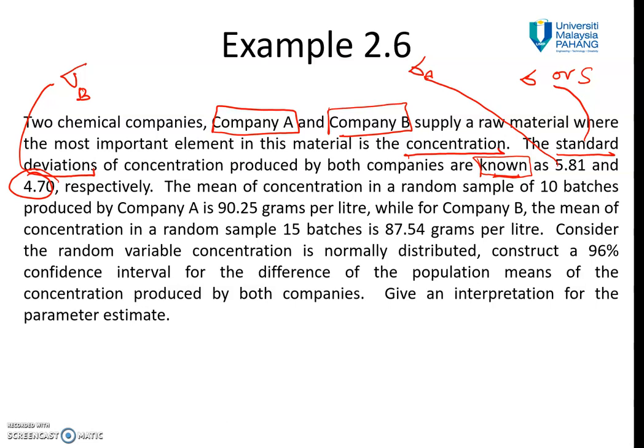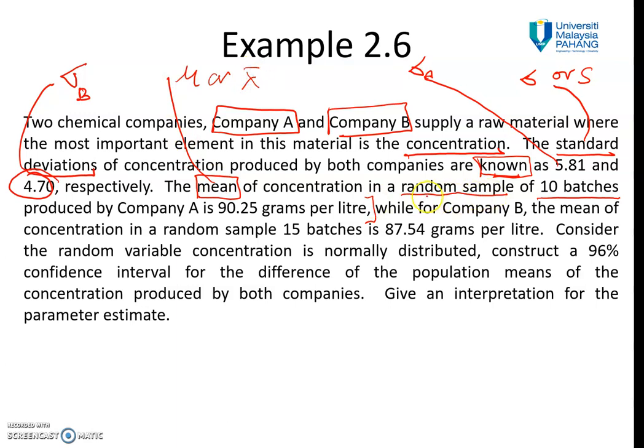Now the next sentence: the mean of concentration, so now you have the word mean, in a random sample of 10 batches produced by company A is 90.25 grams per liter. So until here, what information do you get? First you know it's a mean. Is it mu or is it X bar?